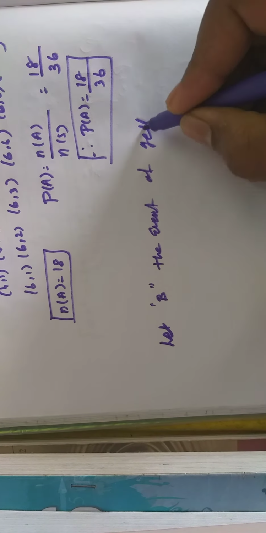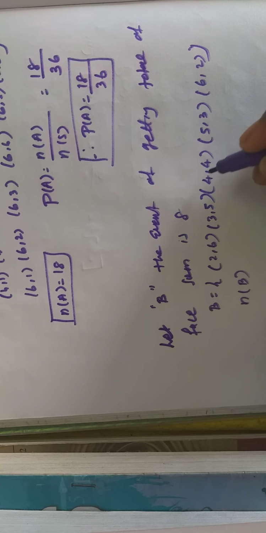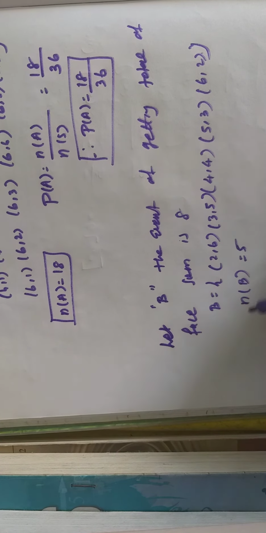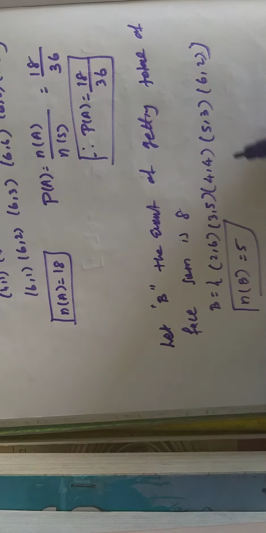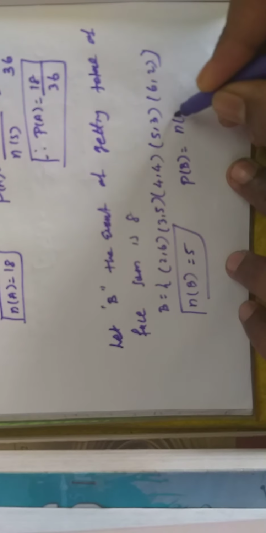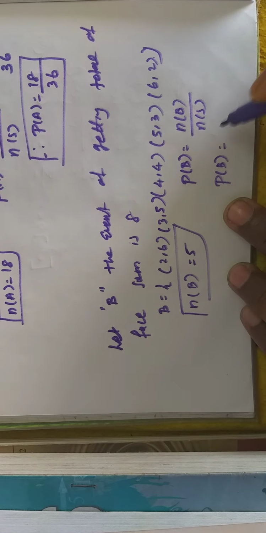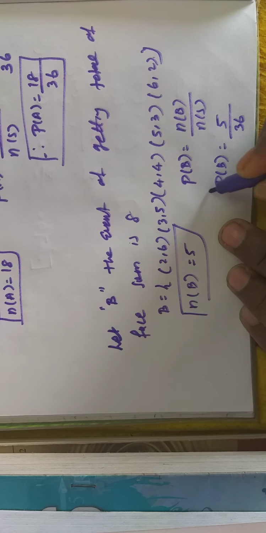B equal to 2, 6, 3, 5, 4, 4, 5, 3, 6, 2. N of B equal to 1, 2, 3, 4, 5. N of B equal to 5. P of B equal to n of B by n of S. P of B equal to 5 by 36.